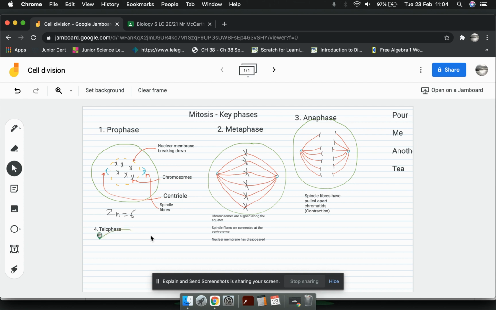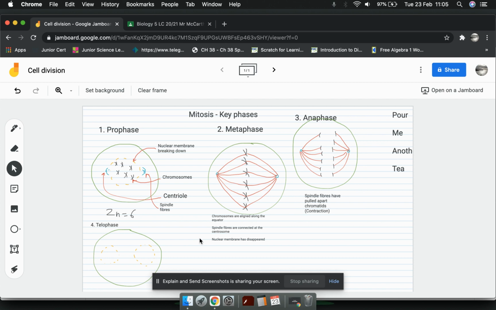basically two nuclei. So let's move that up a little bit. What we've got next is we have a nuclear membrane reforming on either end of this cell. Okay, so we have two nuclei.